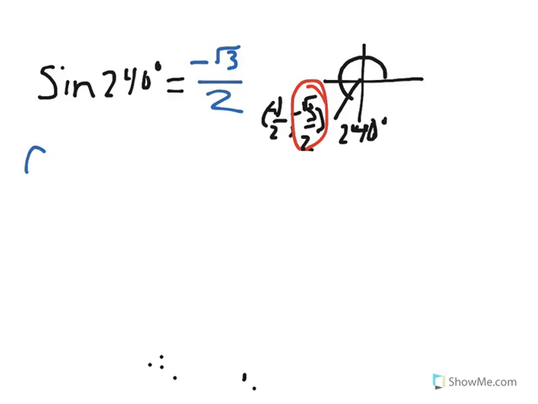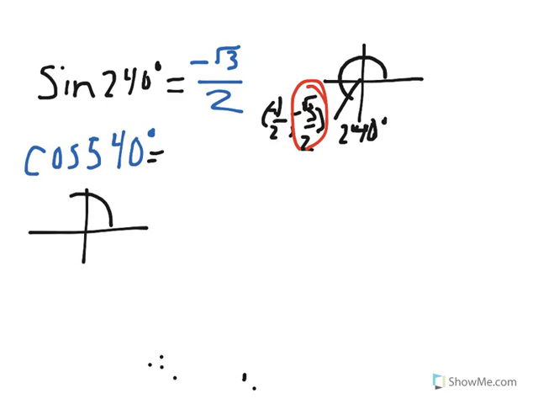What about the cosine of 540 degrees? So knowing that 540 is more than one time around the unit circle, we may want to draw again on here and see that one whole cycle around here is 360. If we add 90 to that, we're at 450.